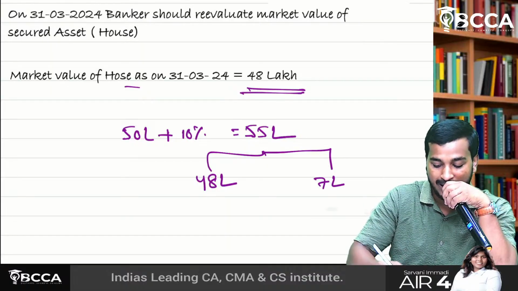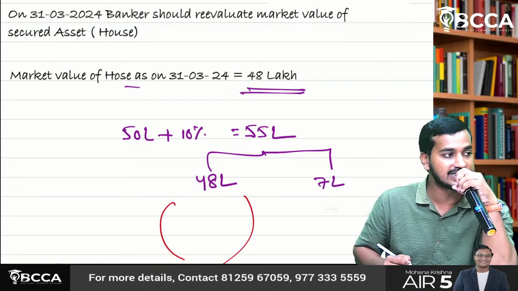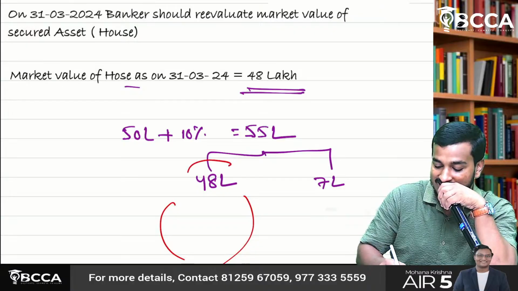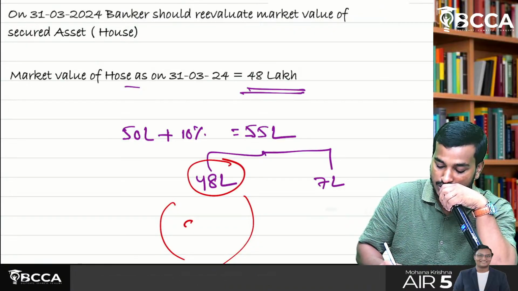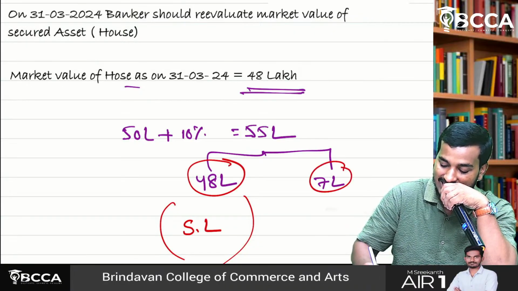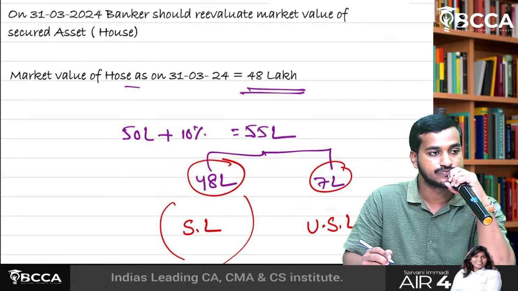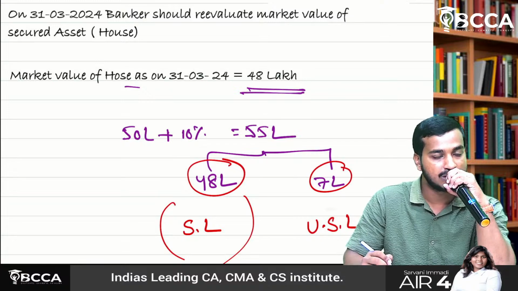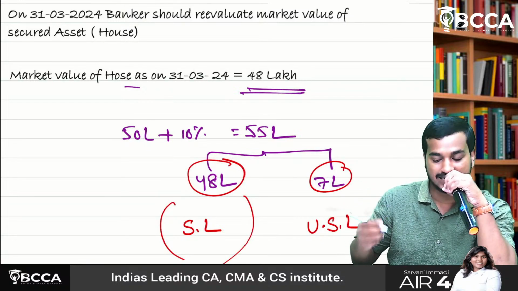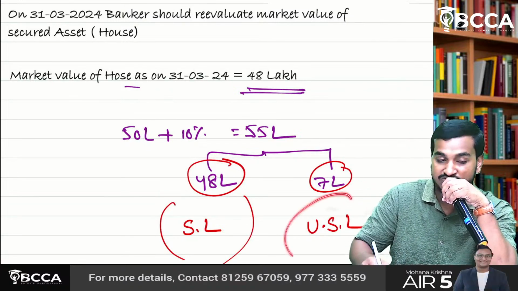So what does the Banking Act say? The Banking Act says this 48 lakh is treated as a secured loan. This 7 lakh is treated as an unsecured loan. But normally people think unsecured loans means loans without security.